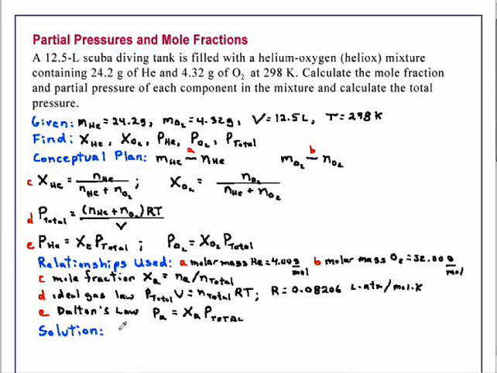So we have 24.2 grams of helium, and 1 mole of helium is 4.00 grams of helium, and so we have 6.05 moles of helium.